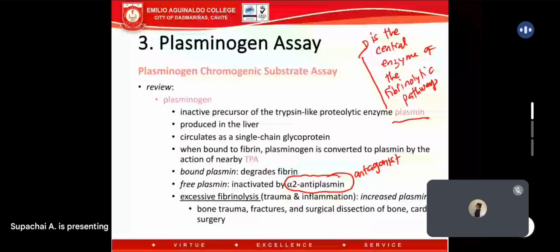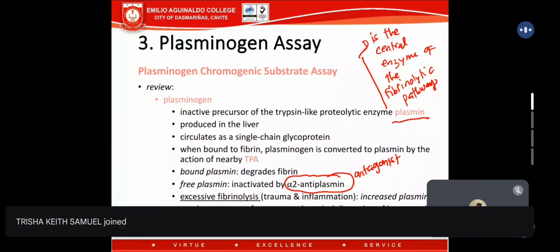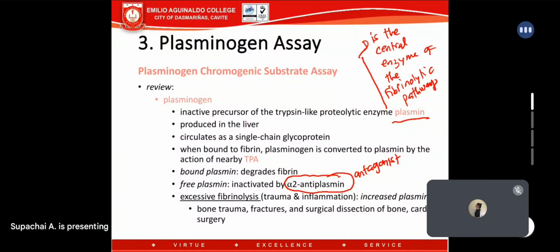Plasminogen is produced in the liver and circulates as a single chain glycoprotein. So when bound to fibrin, plasminogen is converted to plasmin by the action of TPA. Okay, so TPA is the activator. Therefore in this scenario there would be two kinds of plasmin, the bound and the free plasmin.